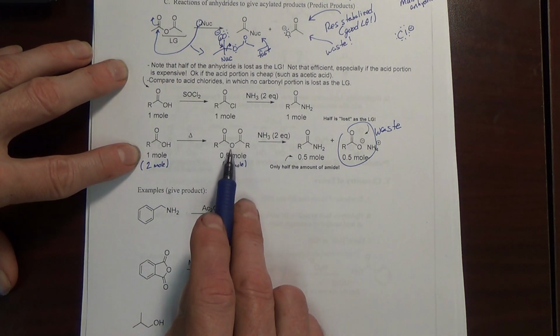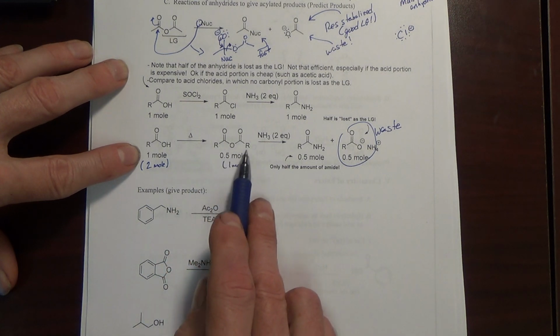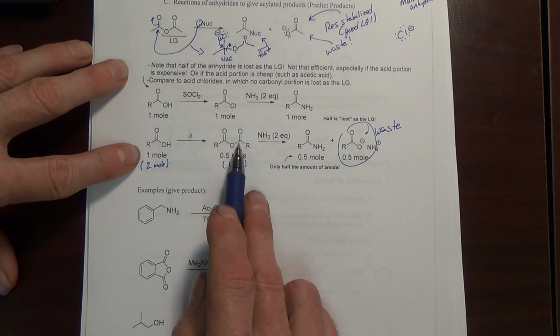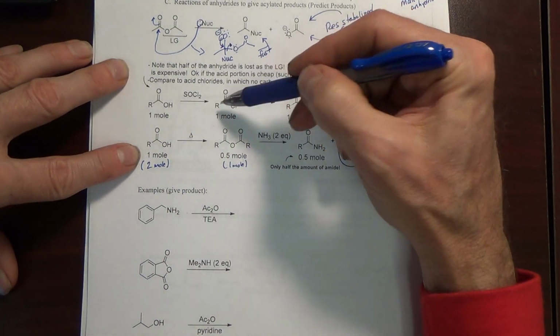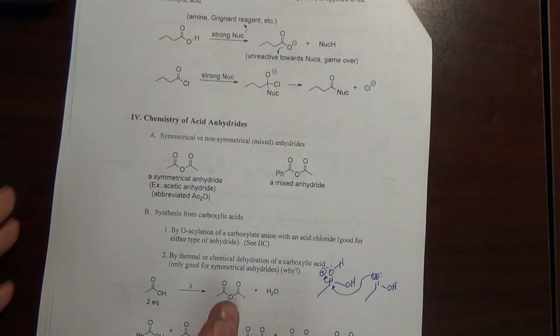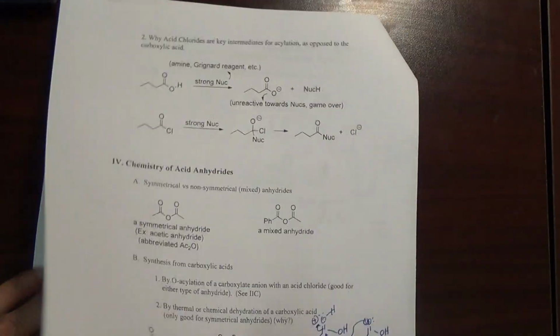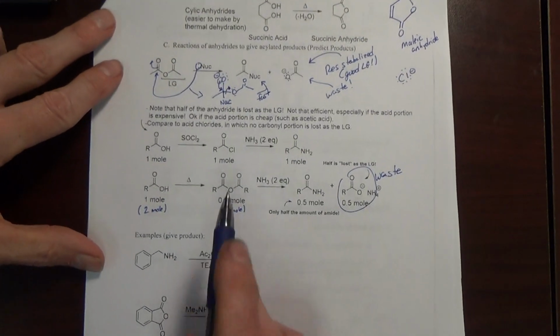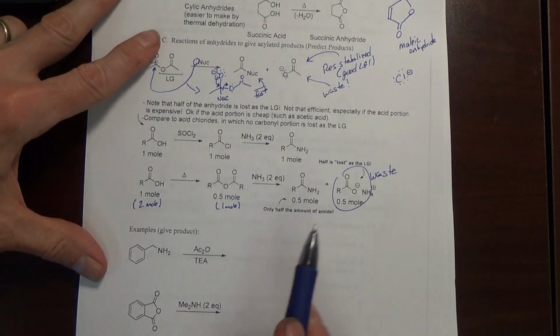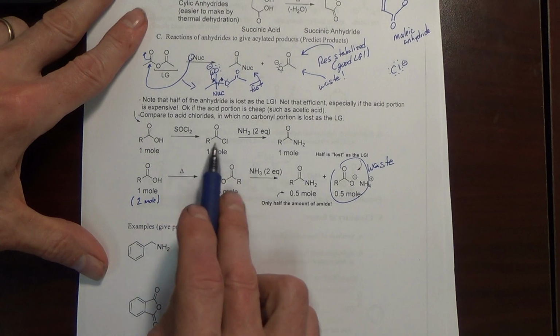But there are some special cases where you would use an anhydride. And one case is acid chlorides, again, tend to be unstable. We talked about how they react with moisture in the air. They may be hard to store.